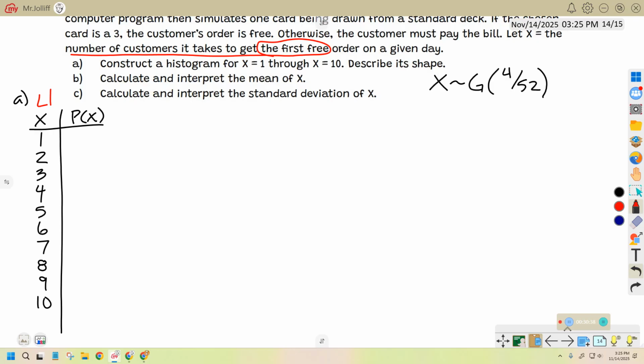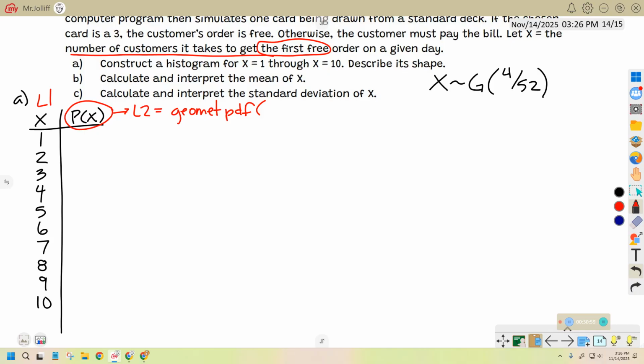And then you are going to go up to the header for list 2, and you are going to enter geometpdf. Because I want to calculate the probability for one number at a time.